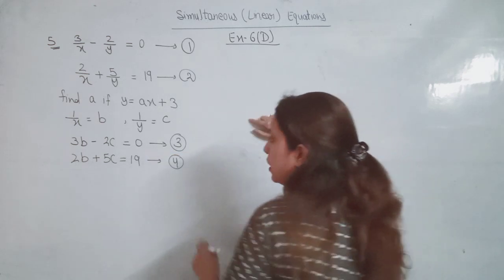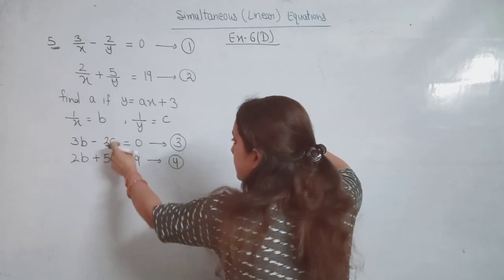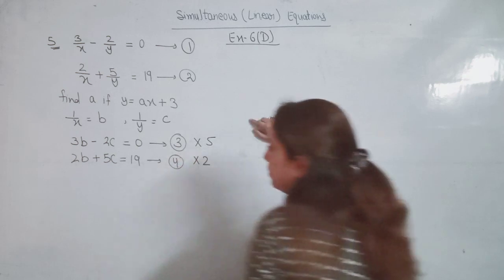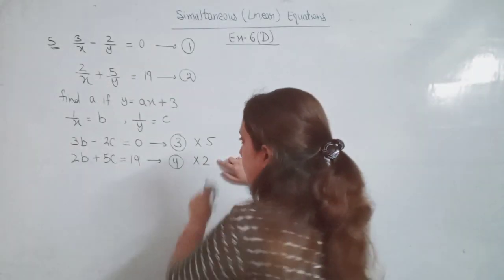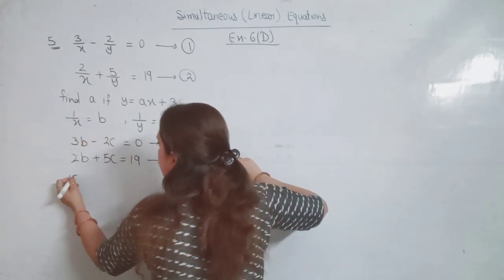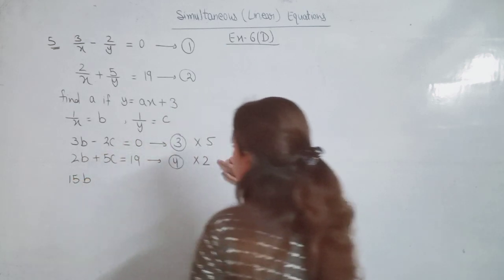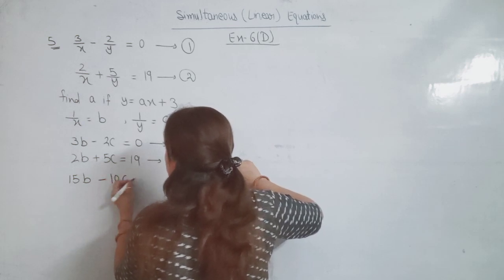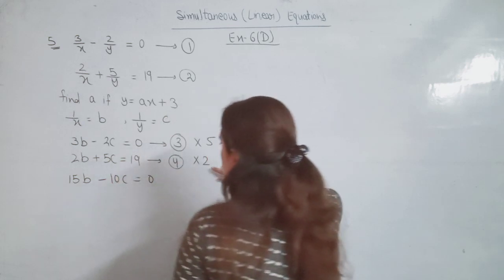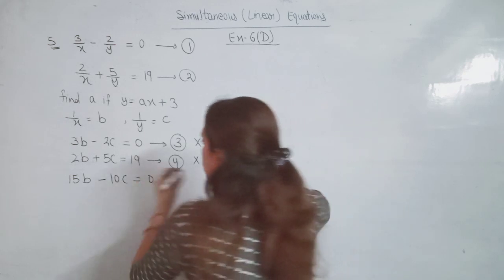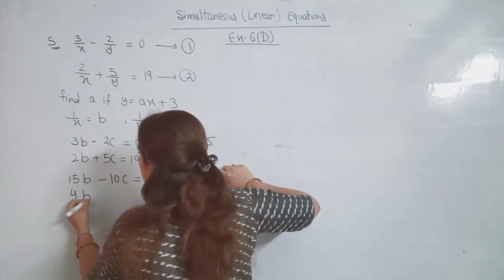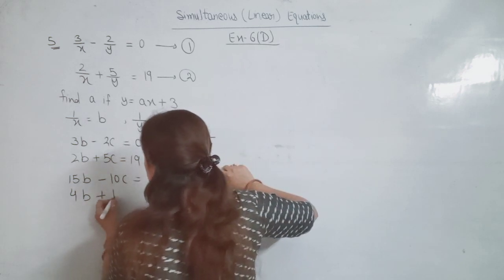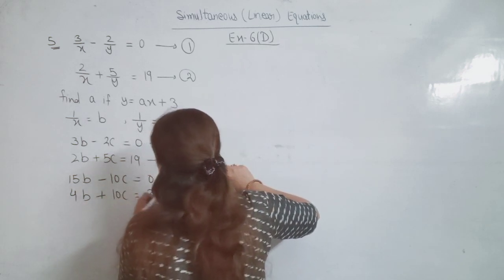In equation 3, solving for variable c, multiply by 5, and in equation 4 multiply by 2. So it will be 5 into 3, 15b - 5 into 2, 10c = 0, and when we multiply by 2, it will be 2 into 2, 4b + 5 into 2, 10c = 38.